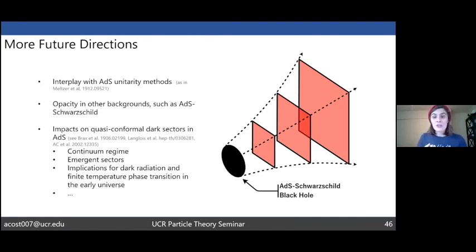And so it's not so easy to connect this suppression to a decay of some particle. So some sort of interplay with the AdS unitarity methods that have come out recently would be interesting to study.